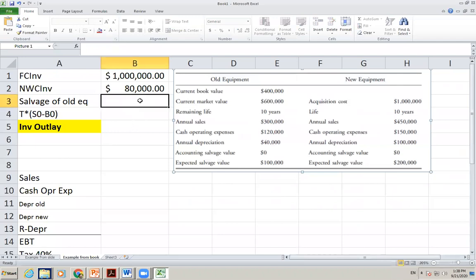So salvage value of old equipment. Who can tell me how much? 100,000? No. Of the old equipment, guys. Salvage value is for how much you're selling it now, not at the end of the 10th year. Okay, we're talking about the replacement, not the expansion. 600,000.